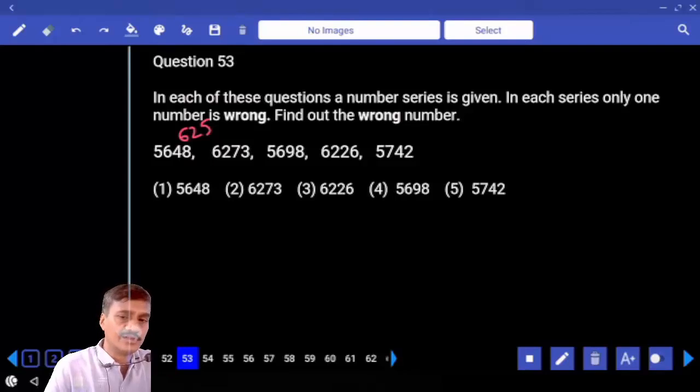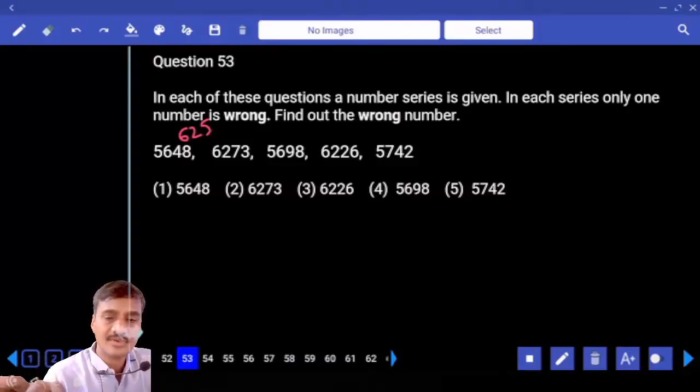Clear? Now the difference is so much? And 625. And 6273 and 5698, ఎంత difference చెప్పండి? 575. Now here it is subtracted.